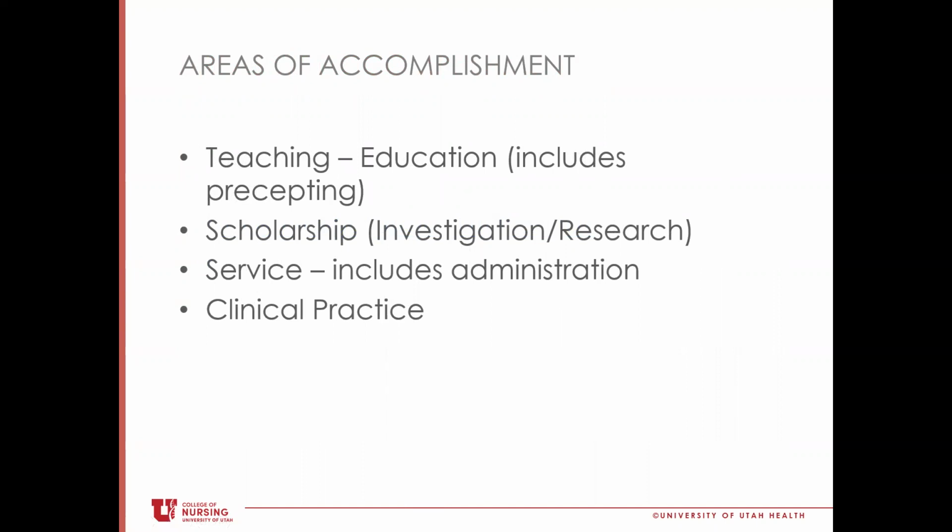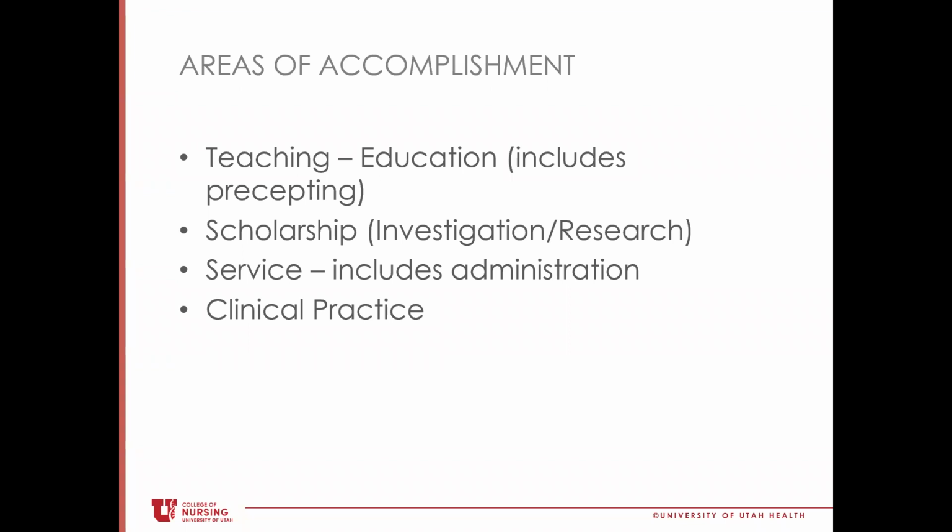There are 4 traditional areas of accomplishment on a campus. Really, the 3 traditional ones, and then one that's unique to academic health sciences in terms of clinical practice. So traditionally, there is teaching or education. For us, this can take many forms. It's not just classroom teaching. It may be precepting students in a clinical setting. It may be mentoring students in a research setting.